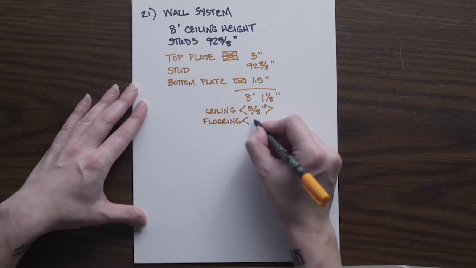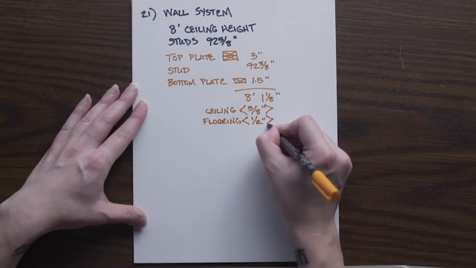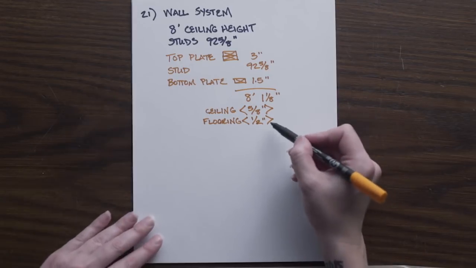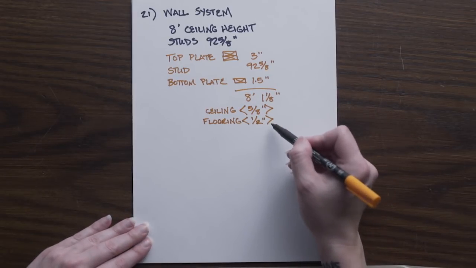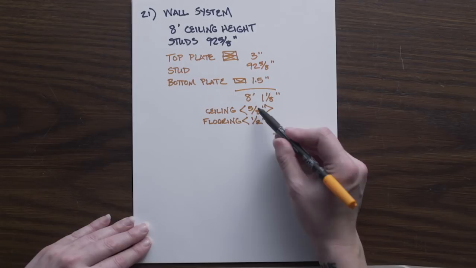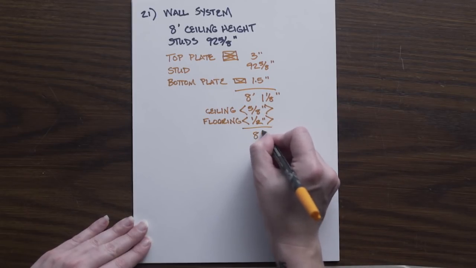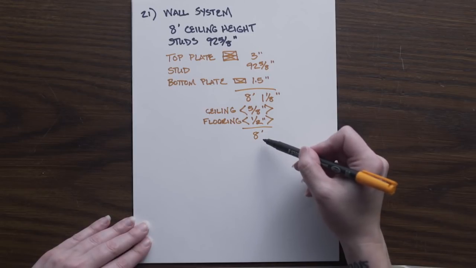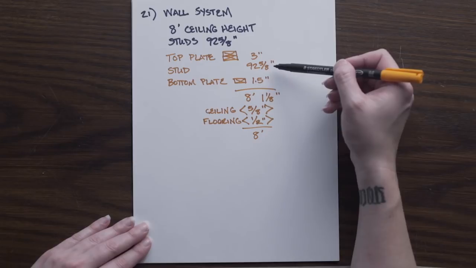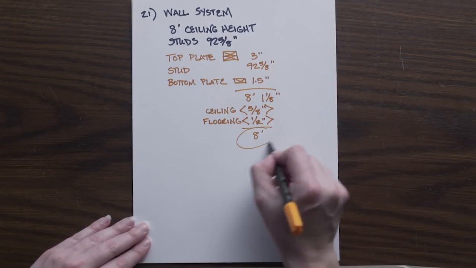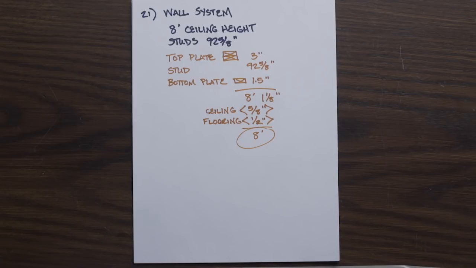And though flooring thicknesses can be different depending on whether you're using vinyl or tile or hardwood or carpet, in general, if we just account for 1/2 inch of flooring, we can subtract out that inch and 1/8, and that is how we are left with an 8 foot ceiling height. So anytime we want a clear 8 feet, we need to use a stud that is 92 5/8 inch. So that is why we have the pre-cut studs.